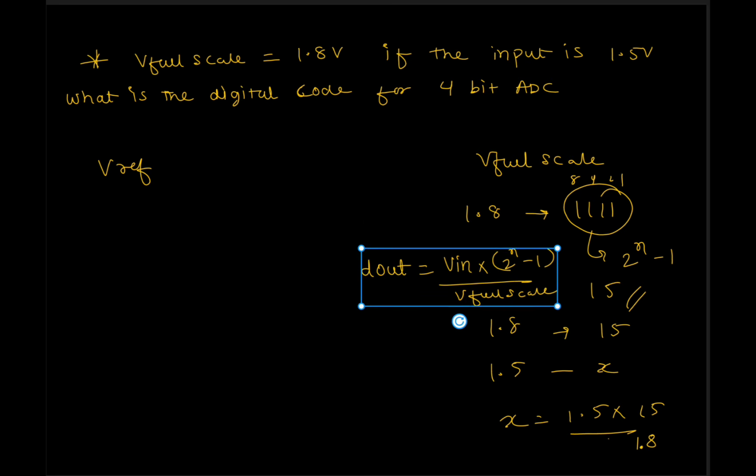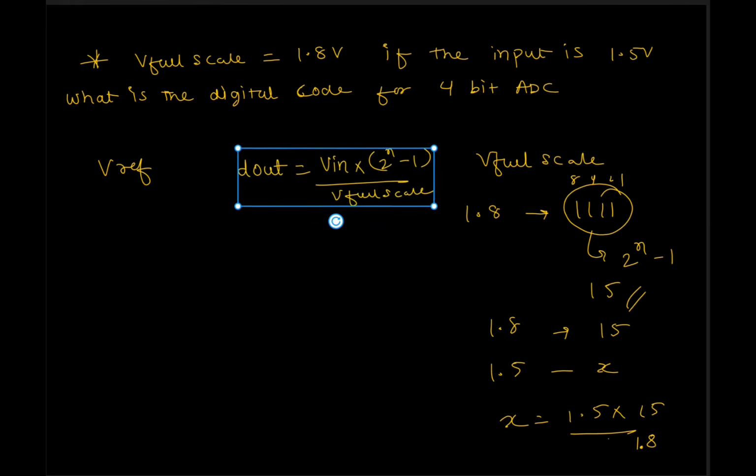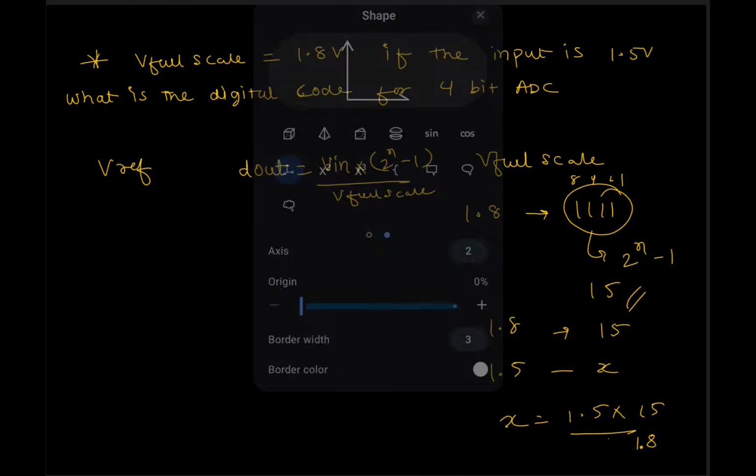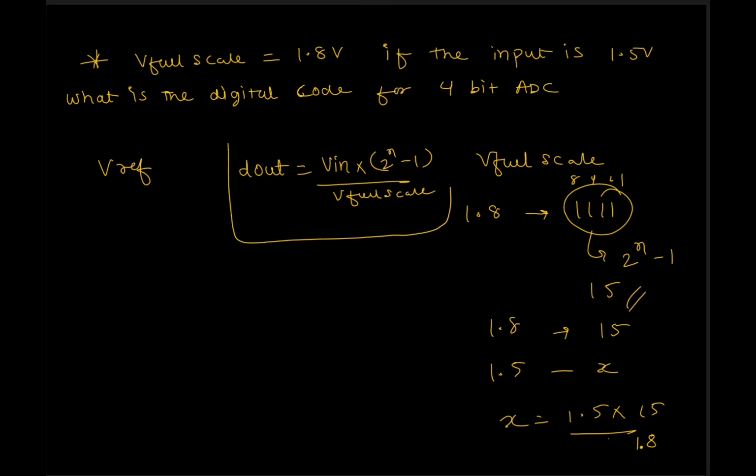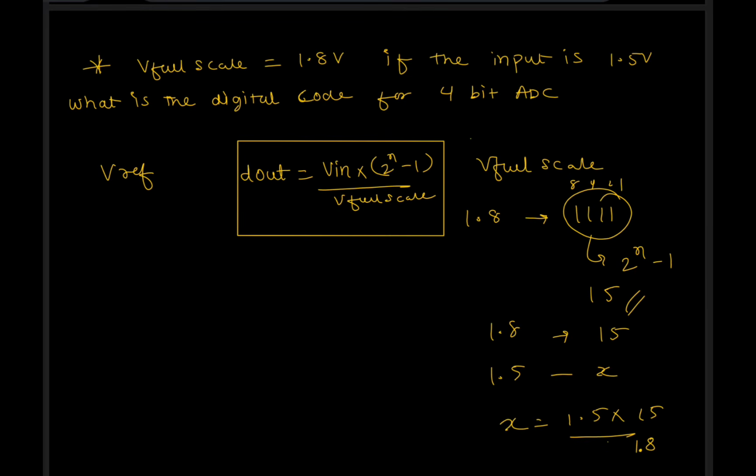So whenever you have full scale, it is related to 2 raised to n minus 1. And V reference is not actually achievable. That means if you give the input as V reference, the bits will overflow.